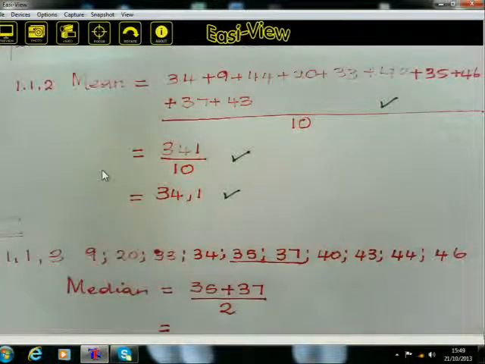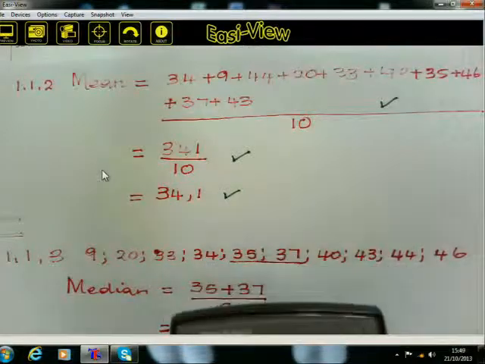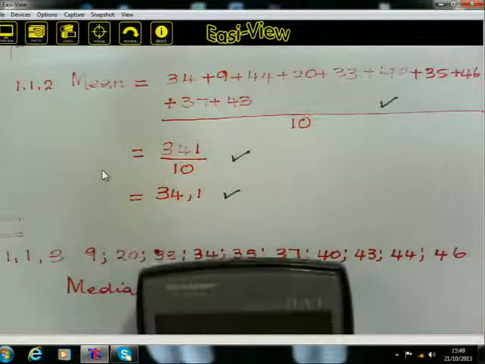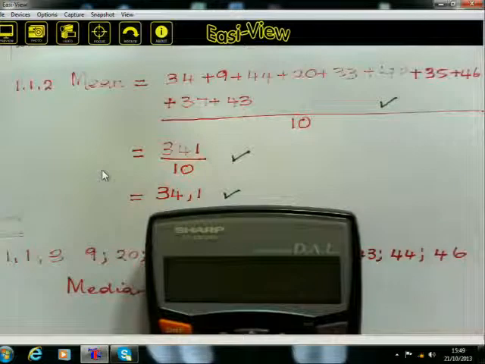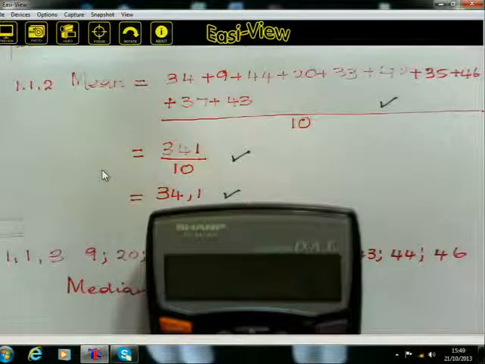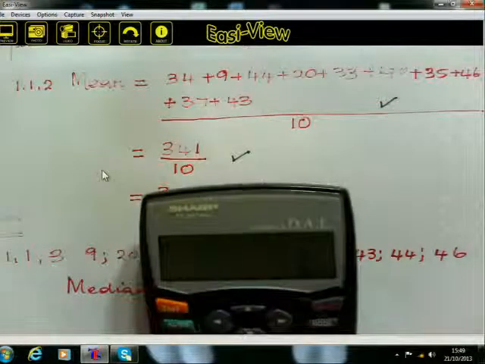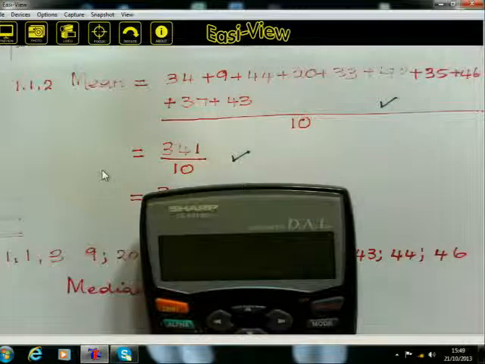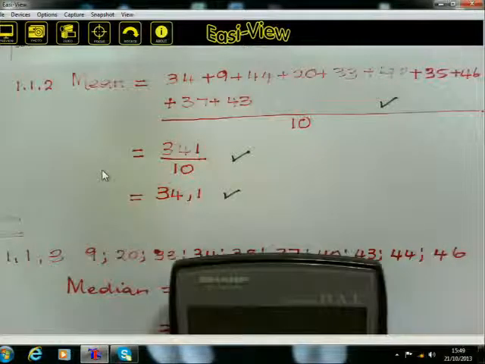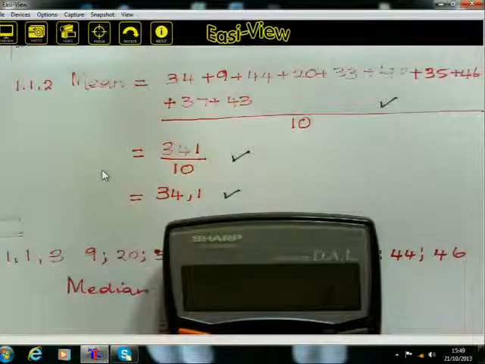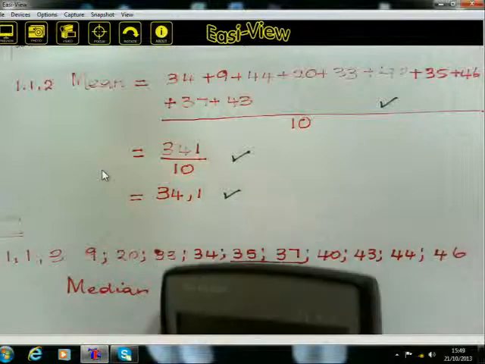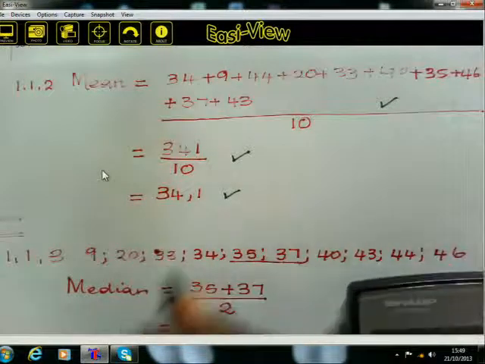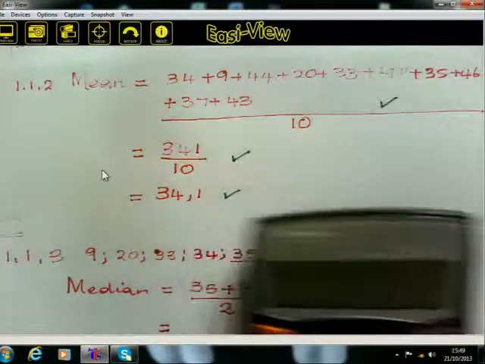Then you take your calculator and let us calculate. Your middle numbers are 35 plus 37 equals 72. You divide it by 2, which gives you 36.